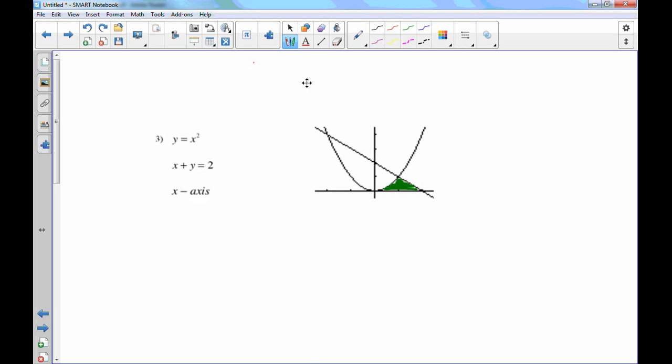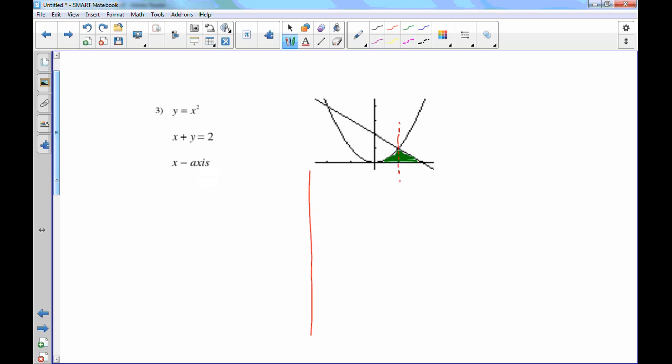Okay, let's split our page here in half. We can do it two ways. If you like top minus bottom, we have to do two separate intervals. And we need to know again where the parabola and the linear line intersect.